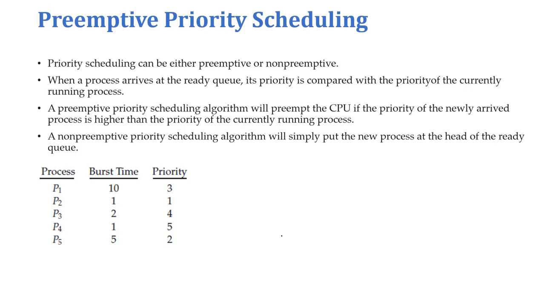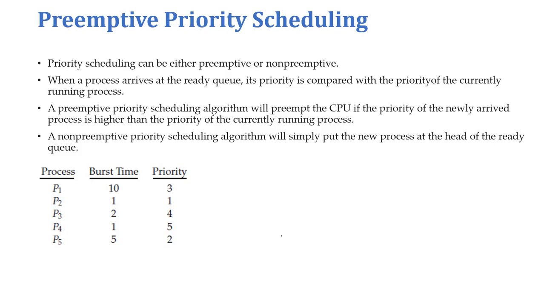If it is non-preemptive, the currently running process simply runs and completes, and only then is the CPU given to the next process. That is the difference between preemptive priority and non-preemptive priority.